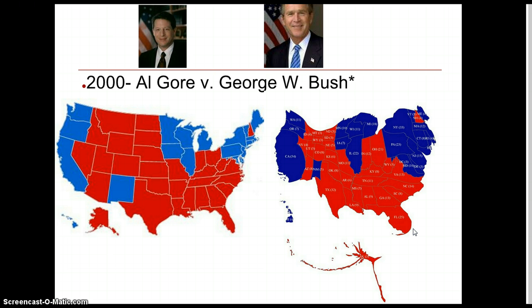So there was no recount. Florida went to George W. Bush. Even in the case of a recount, Bush may have won. However, the Supreme Court had in effect decided the outcome or ended the process of the electoral battle.